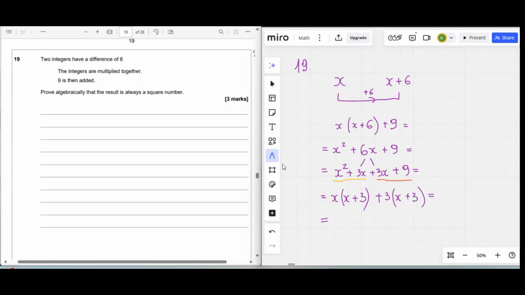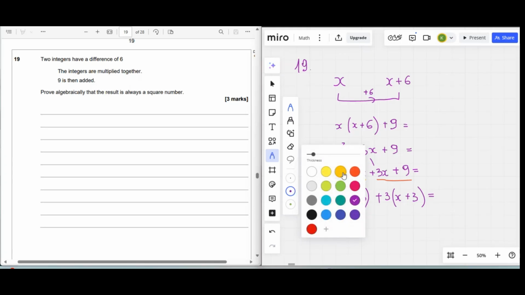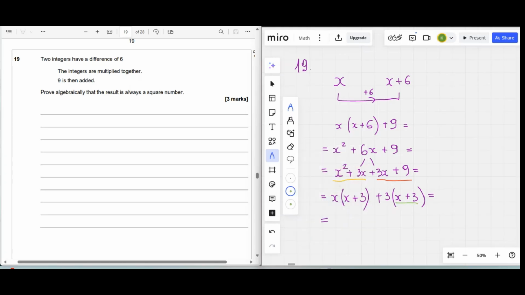And thanks to that, we have two common things now, being that bracket with x plus 3 here and there. So we can factorize this further, putting that x plus 3 at the beginning, and in another bracket there will be the remaining parts from both of them. From the first part there will be an x, and from the second part there will be plus 3.